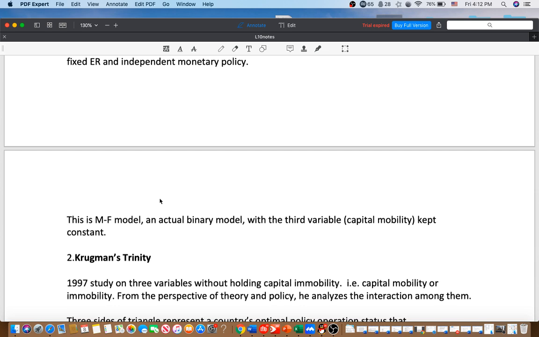However, in Hong Kong, China, the capital flows fully freely, and it implements the fixed exchange rate. In Hong Kong's linked exchange rate, the exchange rate with the dollar is pegged, or fixed.